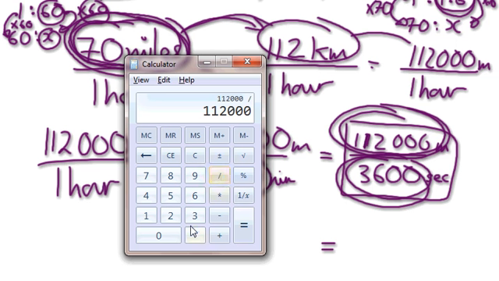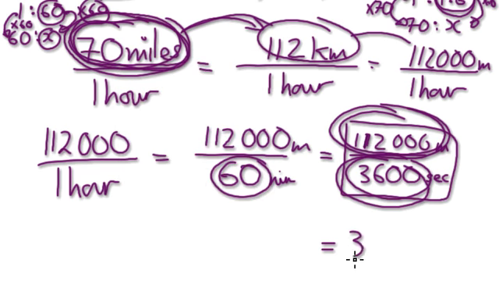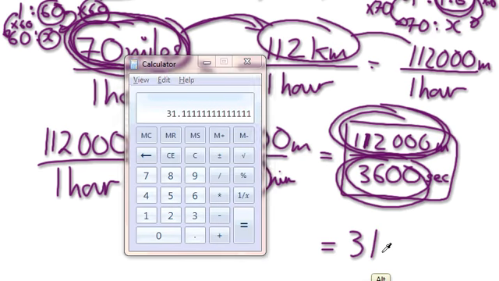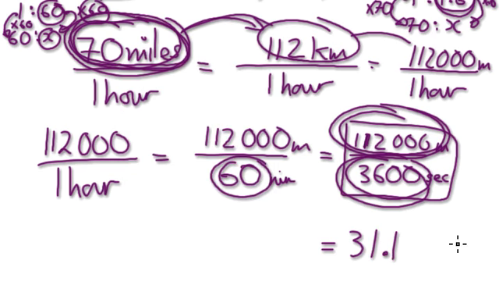Then we just need to divide it by 3,600. Whatever the number is, that's the distance we can travel for every 1 second. So it's 31.1, rounding to 1 decimal place. This is the distance for every 1 second.